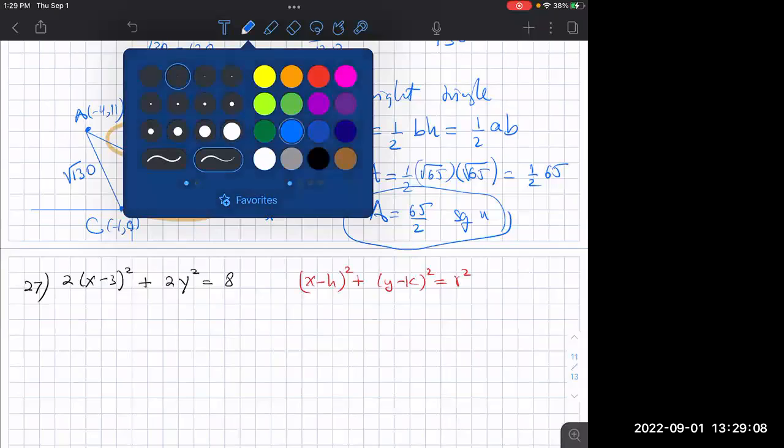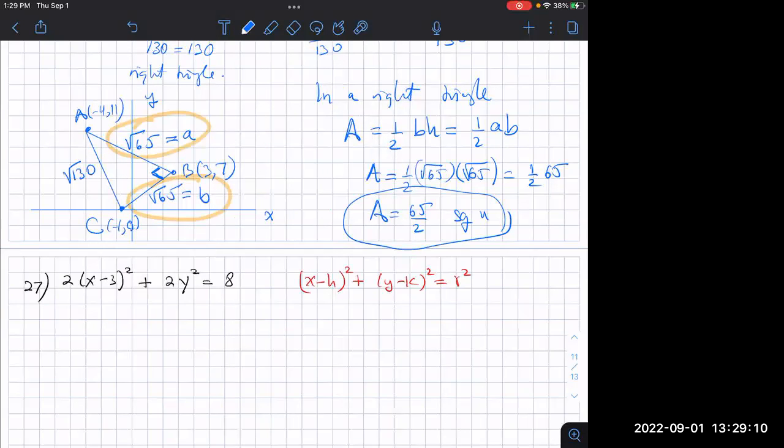We try to get standard form. Get rid of the 2's. How can we get rid of the 2's? Divide both sides by 2. That's right, or divide each single term by 2. So then we get (x minus 3) squared plus y squared equals 4.